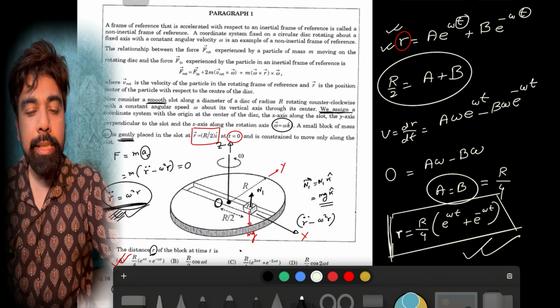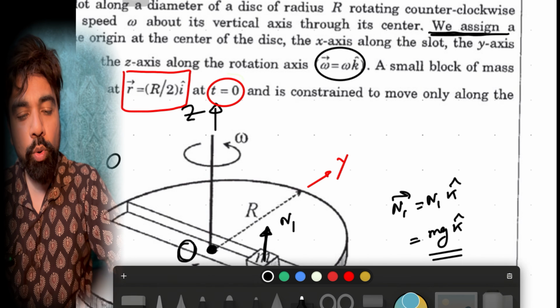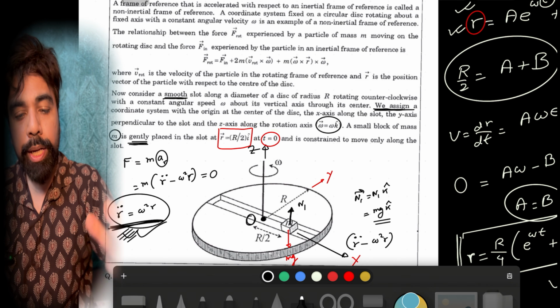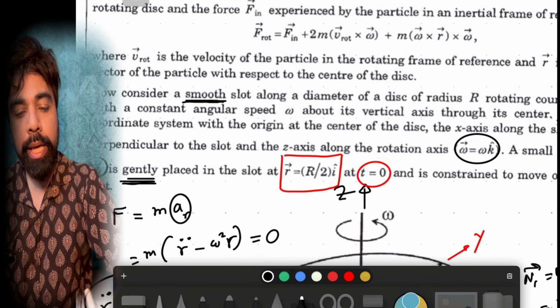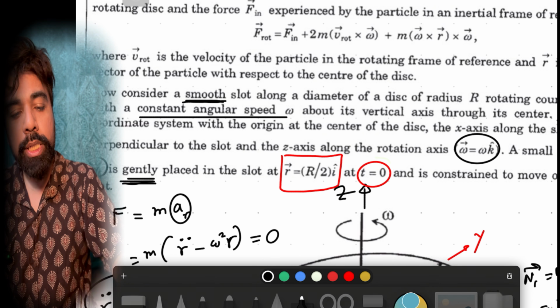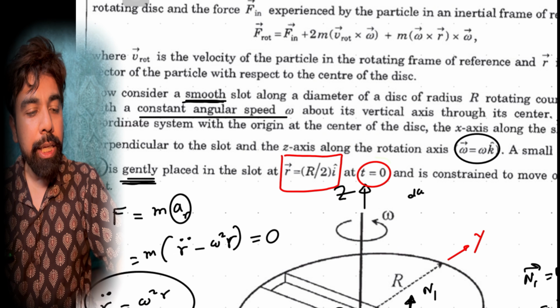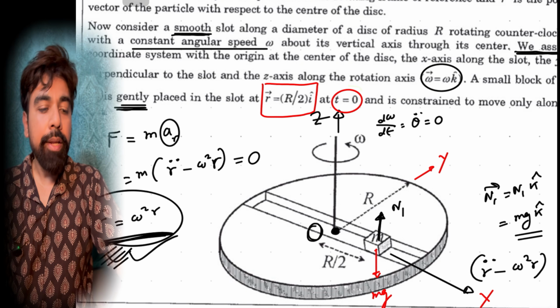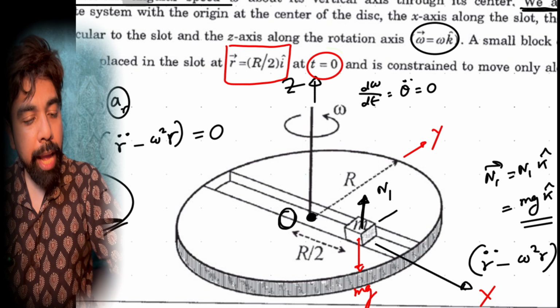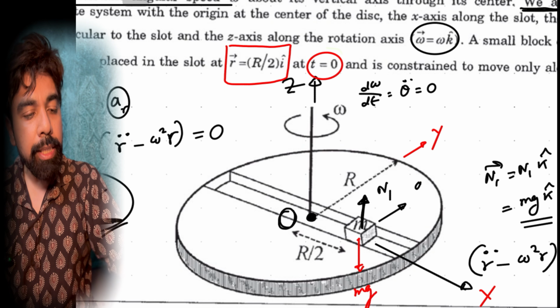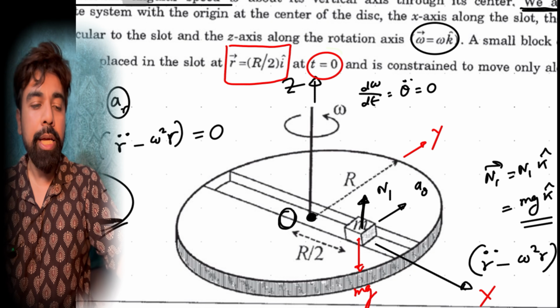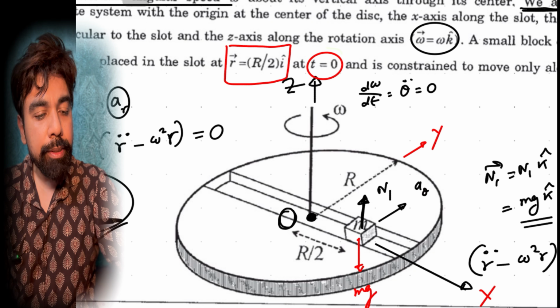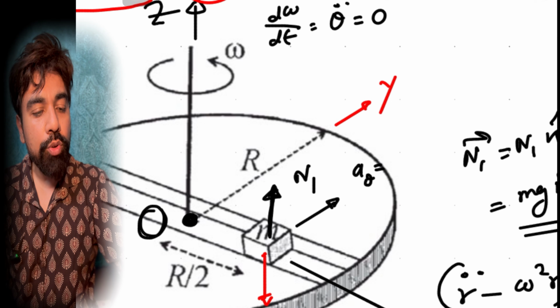As the disk, according to the problem, is rotating with constant angular speed omega, d omega by dt or theta double dot must be equal to how much? 0, right? So the acceleration in this theta cap direction, a theta, will be how much?